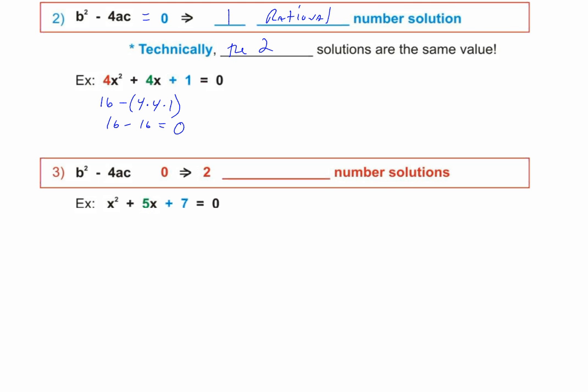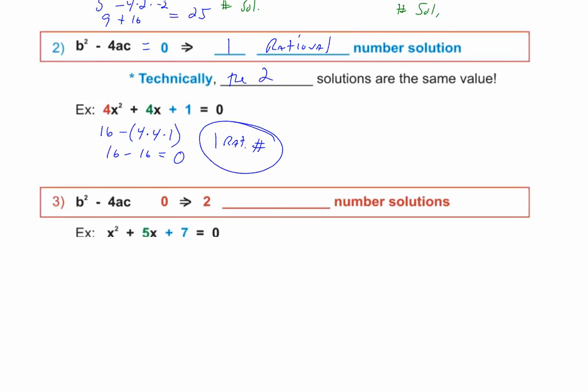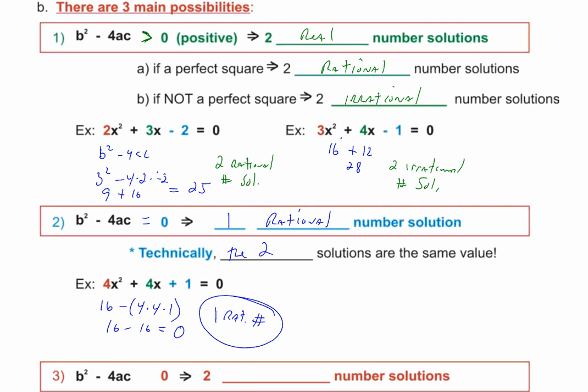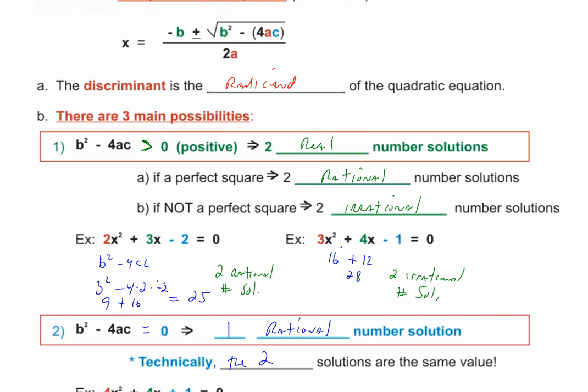So what would you say the solutions are? One rational number. Right. B squared minus 4ac gives you 0. Therefore, solutions, one rational.